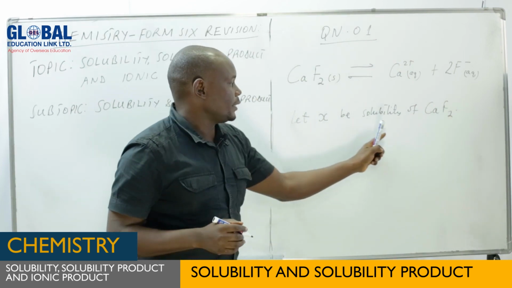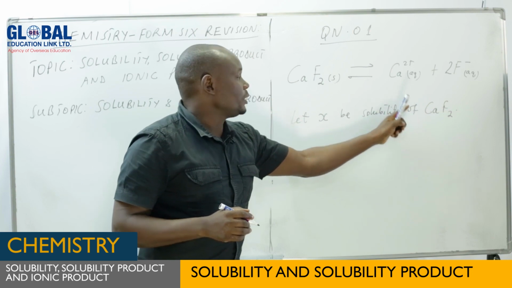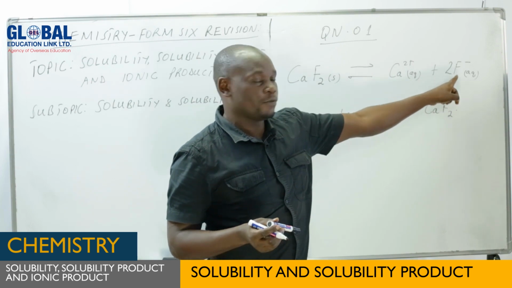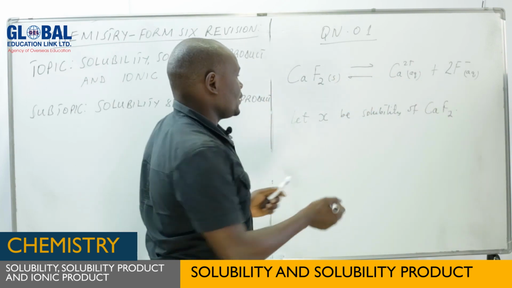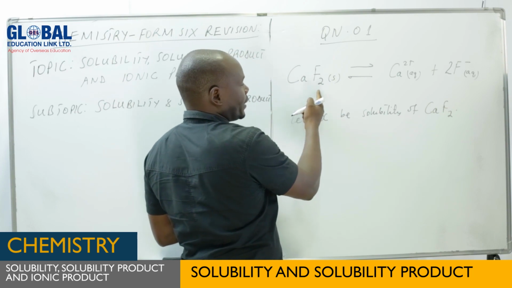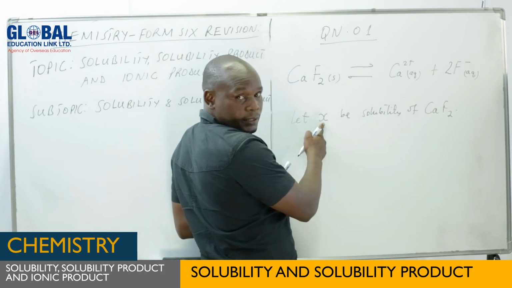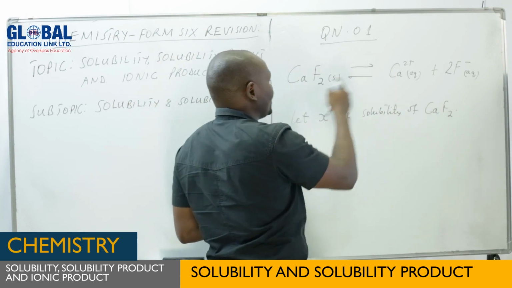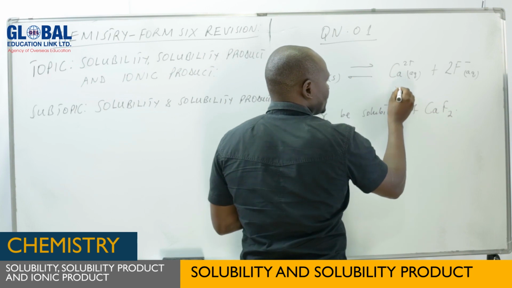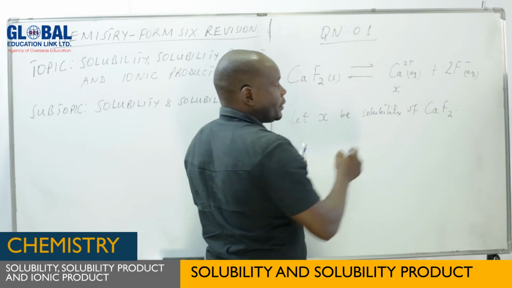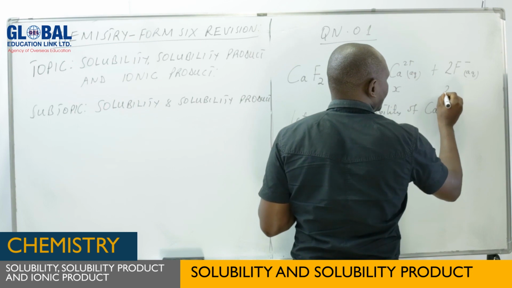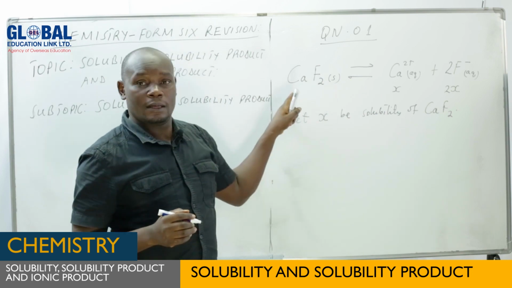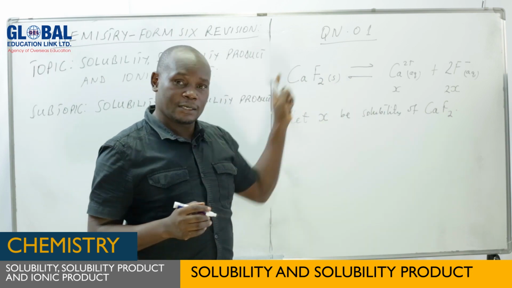Since calcium fluoride undergoes dissolution to release 1 mole of calcium ions and 2 moles of fluoride ions, our solubility for calcium fluoride is X. So the calcium ions will also be X, and the fluoride ions will be 2X, since it is 2 times the concentration of calcium fluoride.